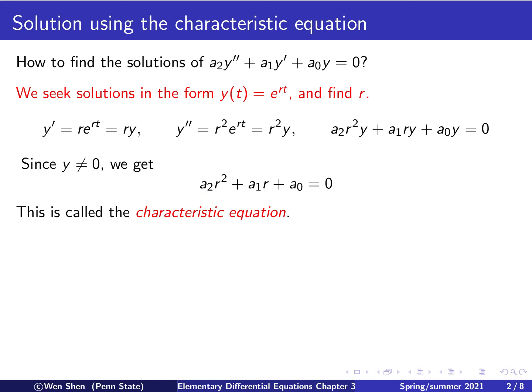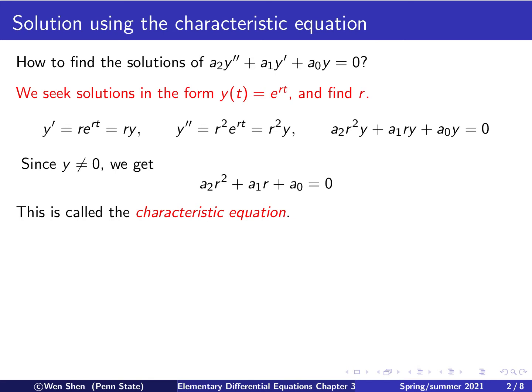Let me also point out a quick way of writing out the characteristic equation without going through this derivation, based on the observation that y double prime introduces an r squared in front of y, and y prime introduces an r in front of y.